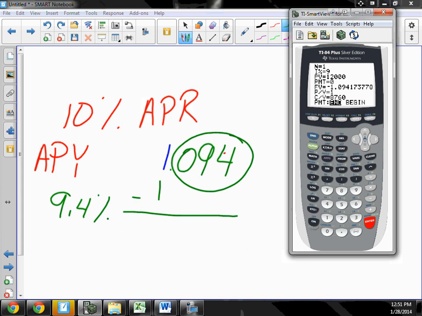So number 4, what is the effective yield on the account if the interest is compounded semi-annually? What do I need to change? Change the compounds to 2, recalculate the FV, divide that number by 12,000.